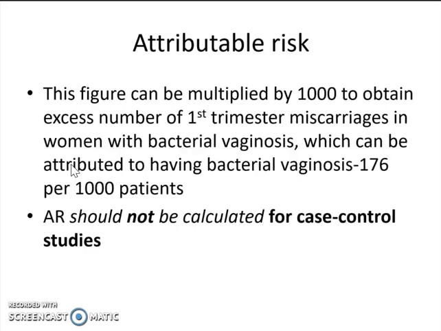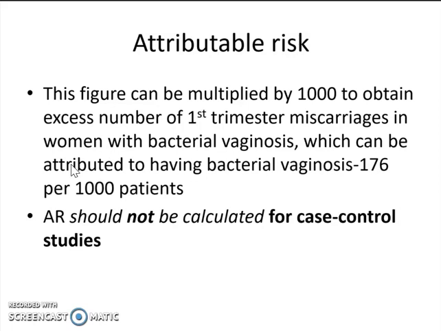This figure can be multiplied by 1000 to obtain the excess number of first trimester miscarriages in women with bacterial vaginosis, which can be attributed to having bacterial vaginosis. That is 176 per 1000 patients.